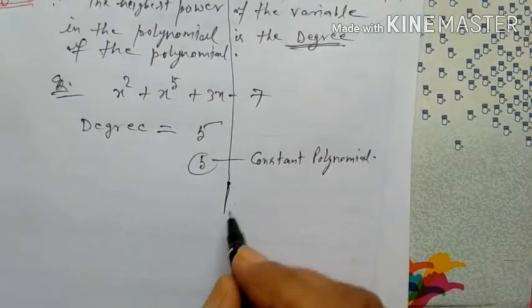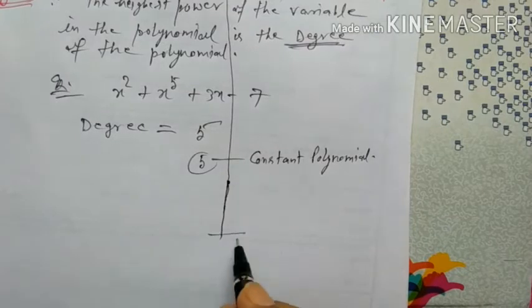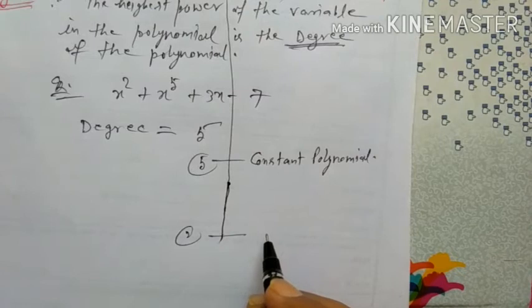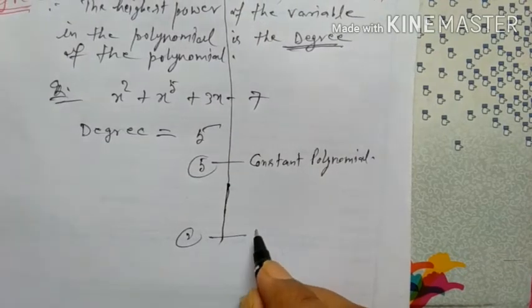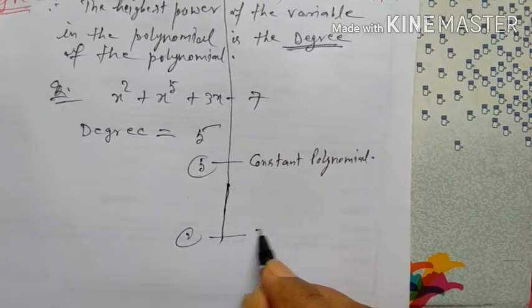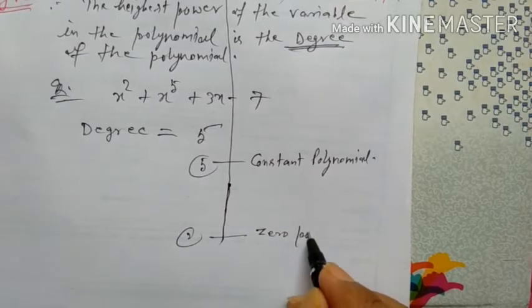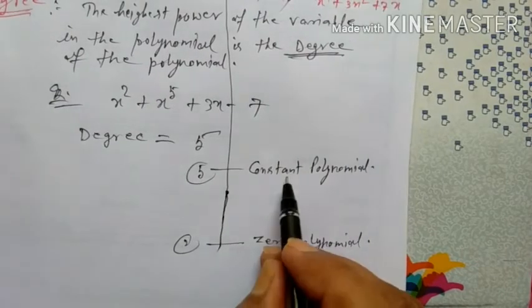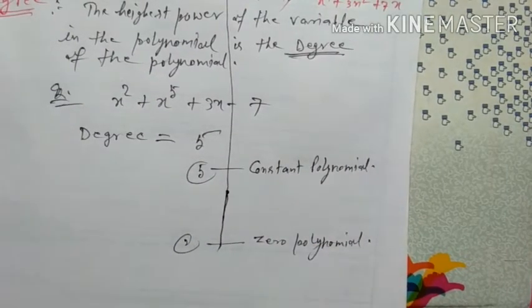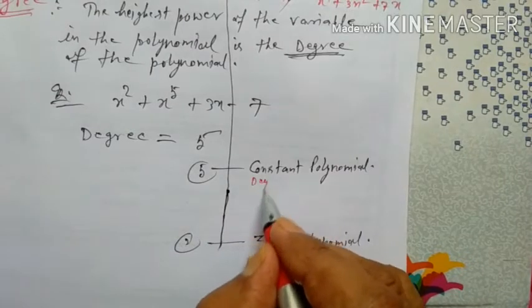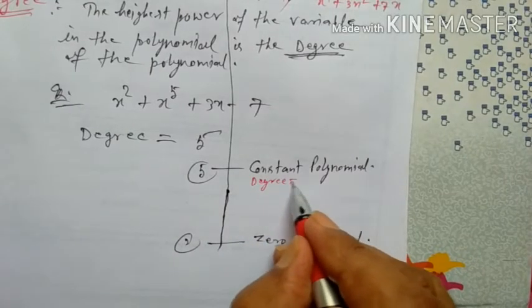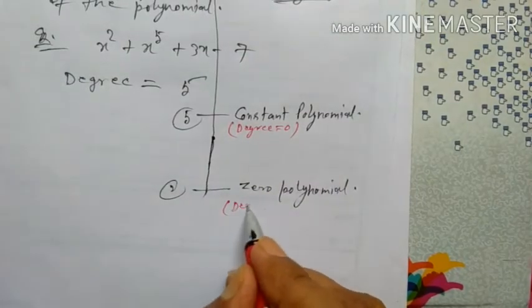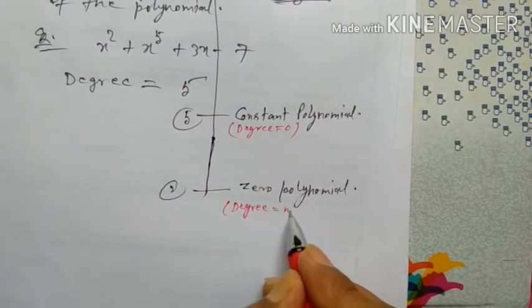One is constant polynomial and second is zero polynomial. In the case of constant polynomial, degree is 0, and for zero polynomial, degree is not defined.